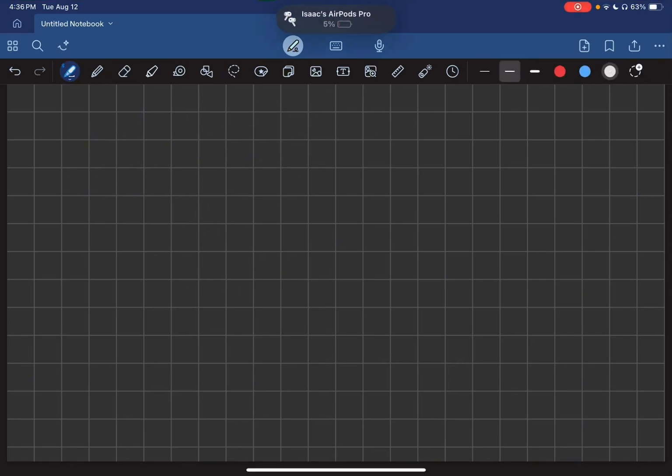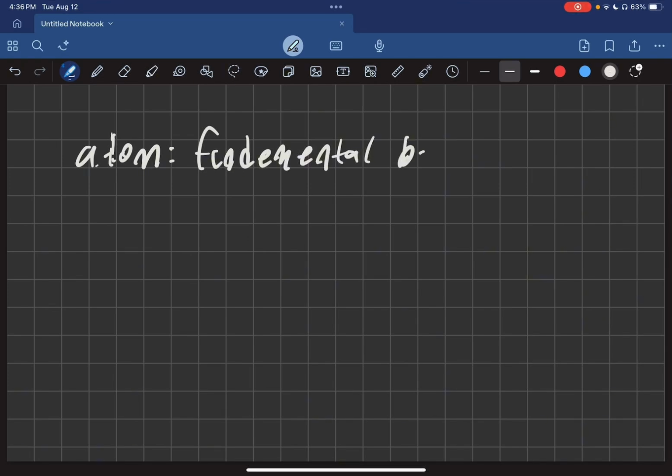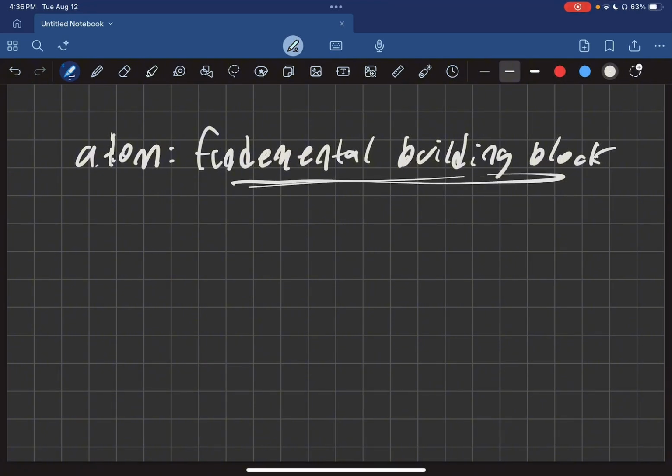So starting out, what is the atom? The atom is the most fundamental building block of matter. If you're thinking about some molecule, typically you're going to think of it as its subatoms. You're going to think what atoms are in this molecule.